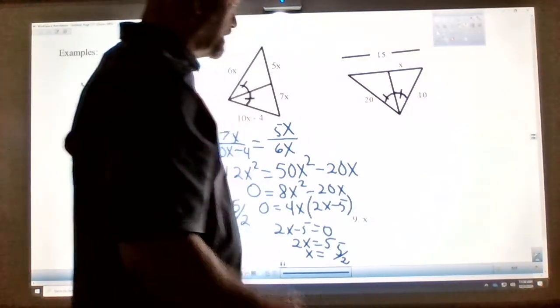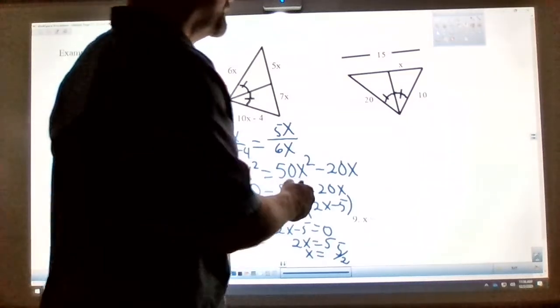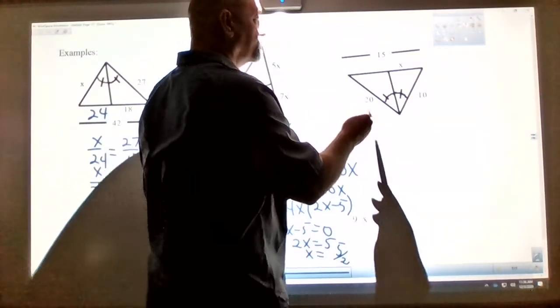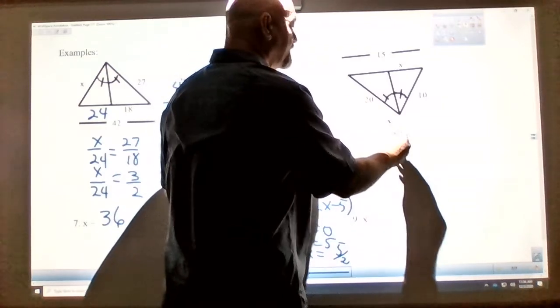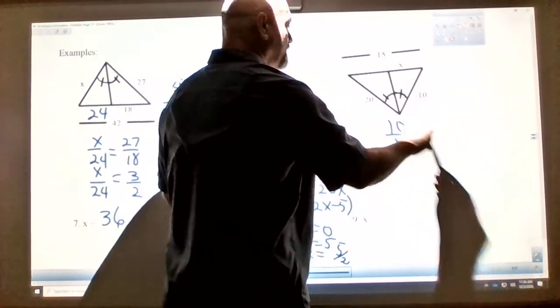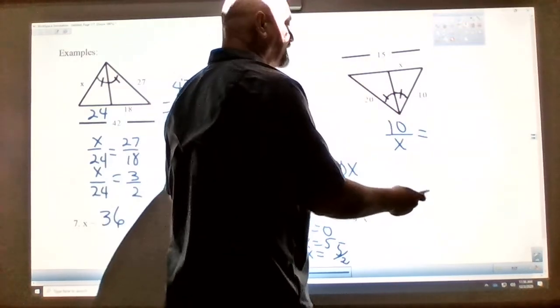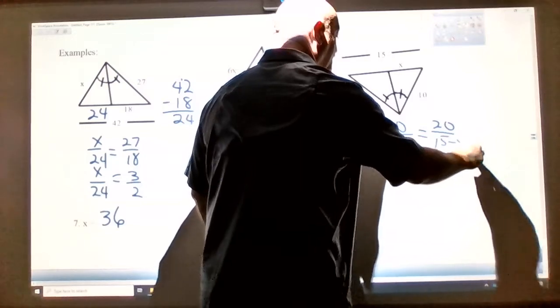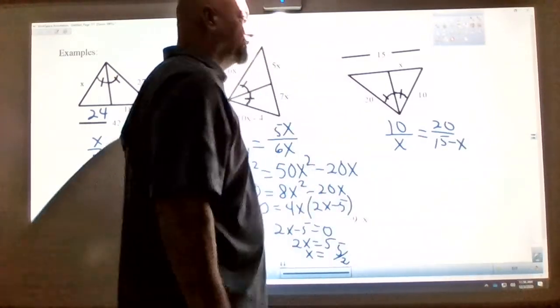This one, maybe not quite as much work. We have 10 is to x, it's this side, and this other side is going to be 15 minus x, as 20 is to 15 minus x. So then we would cross multiply.